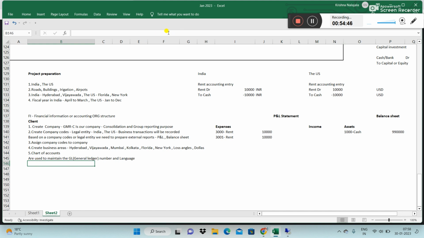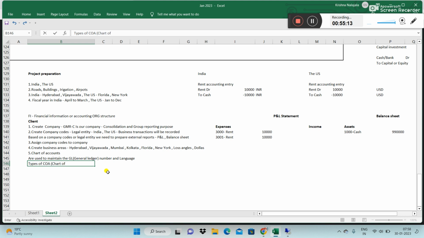Next, there are three things here to know: types of COA. In a business, we call it that in real time. In a world, we call it COA, the short form. COA means, what is the full form? Chart of accounts. Correct.